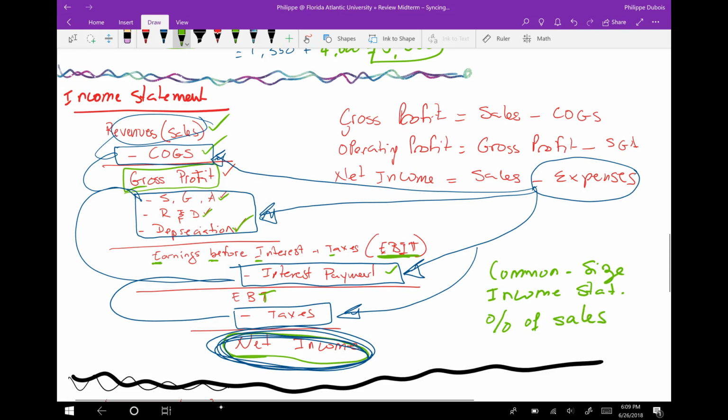So common size cost of goods sold will be your cost of goods sold over your sales. Common size of depreciation, it'll be your depreciation over your sales. All right. Common size taxes, it'll be your taxes over sales, or most of your taxes will be a defined rate.